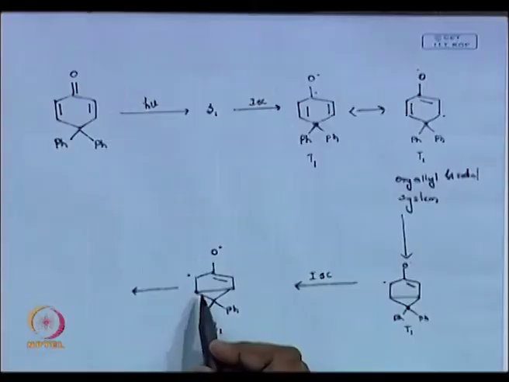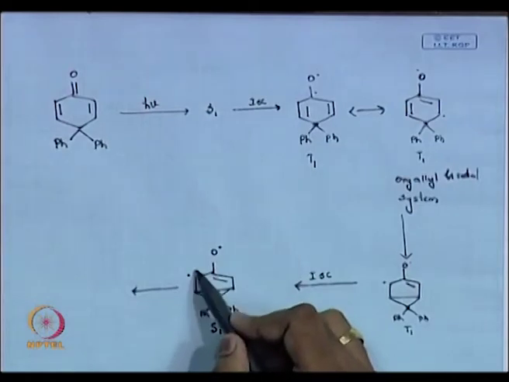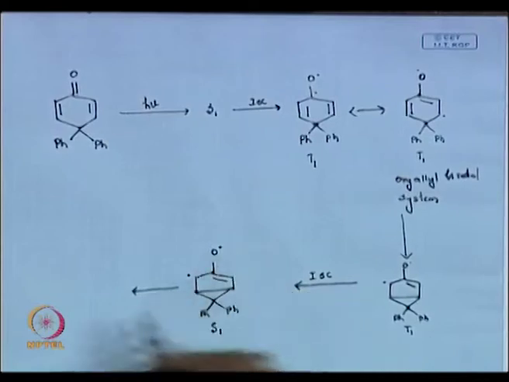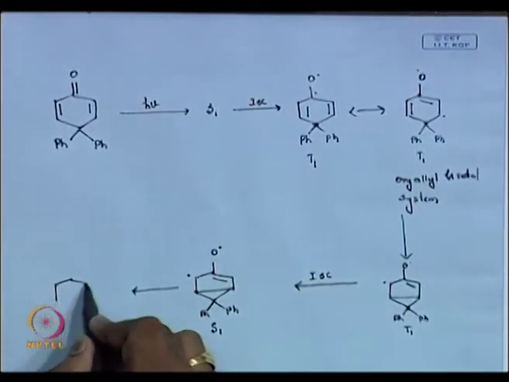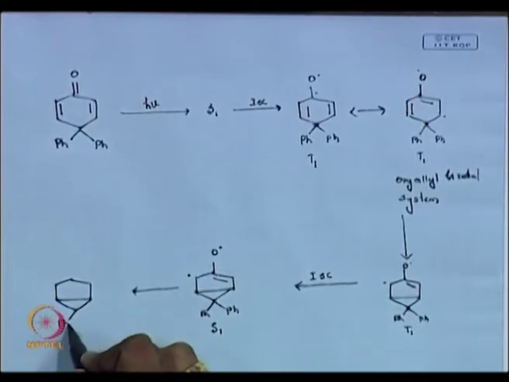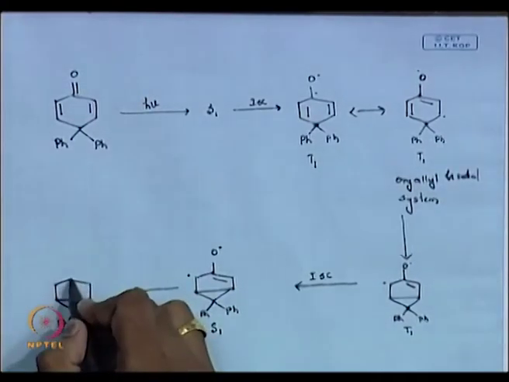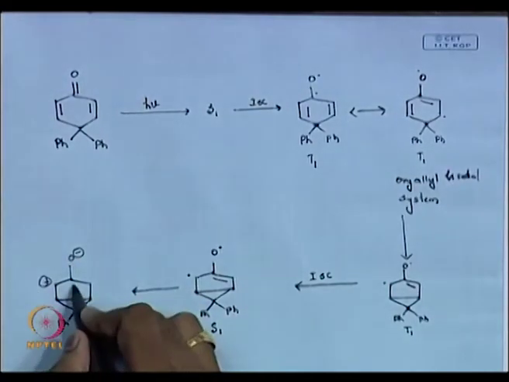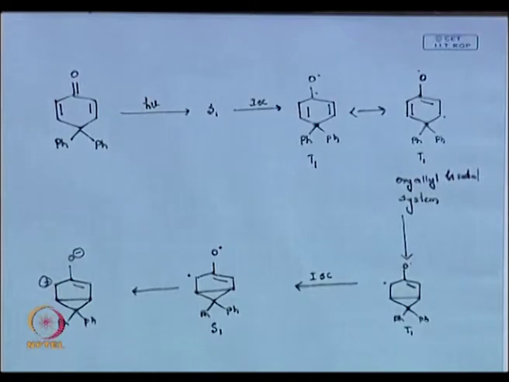So you can see that here. See, you can see these two electrons undergo a nice spin-orbit coupling. Once they undergo a nice spin-orbit coupling, you get a system like this.